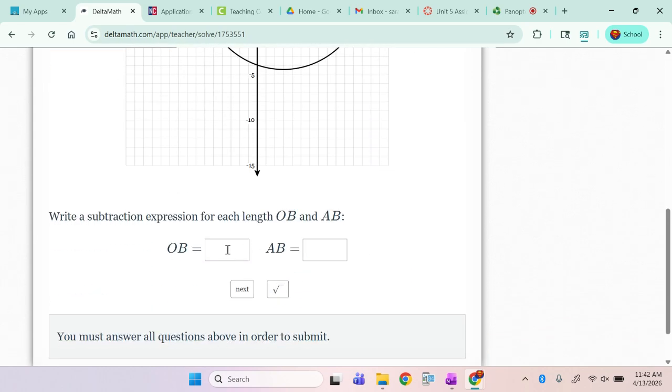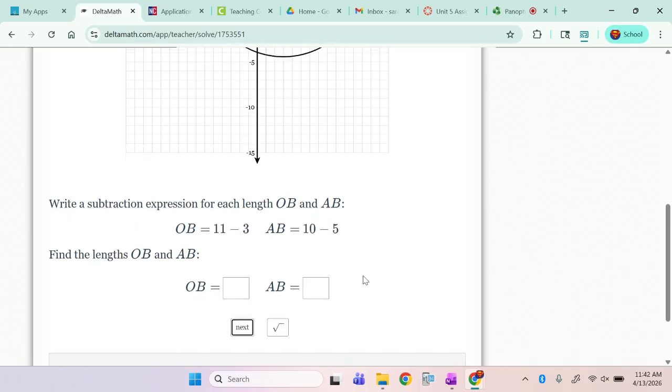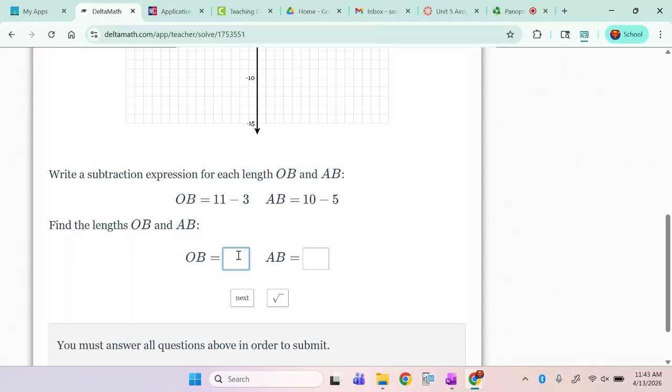First thing we're going to do is type in those two expressions that we just wrote out. So I'm going to do 11 minus 3 and 10 minus 5, which gives us the lengths of 8 and 5.